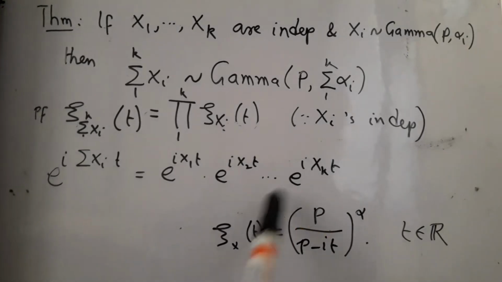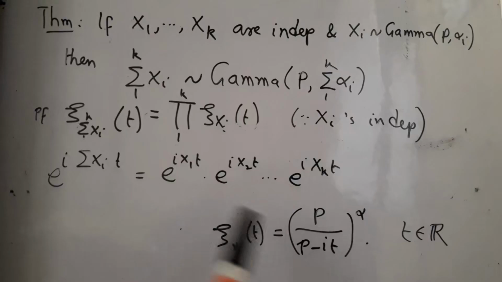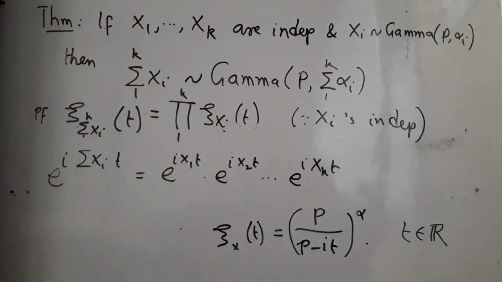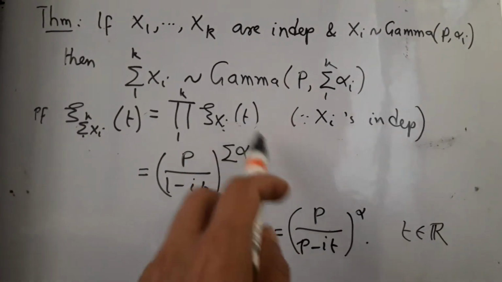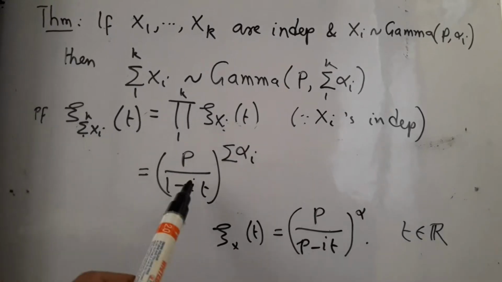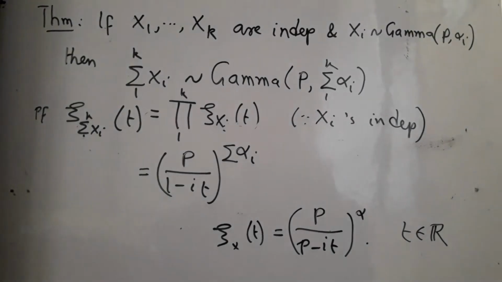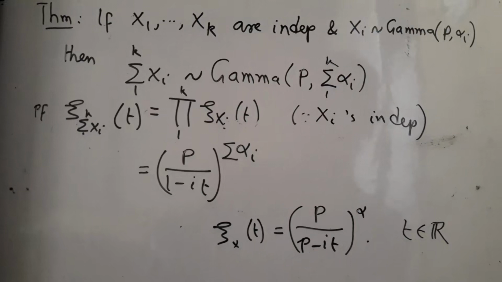And now we shall just use this fact. Observe that this thing remains the same for all the xi's, because p was the same for all the xi's. So all these exponents add up together, and we find that this indeed is the characteristic function of the gamma distribution. But now we also know that the characteristic function characterizes a distribution.